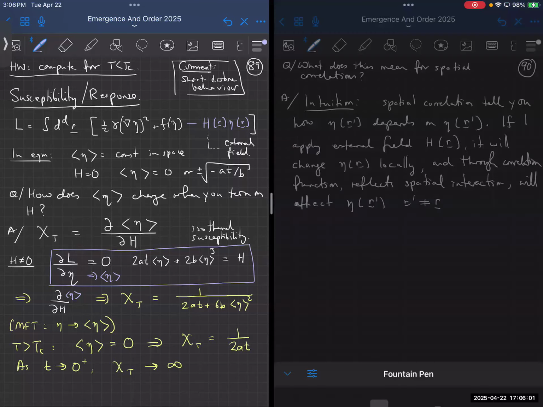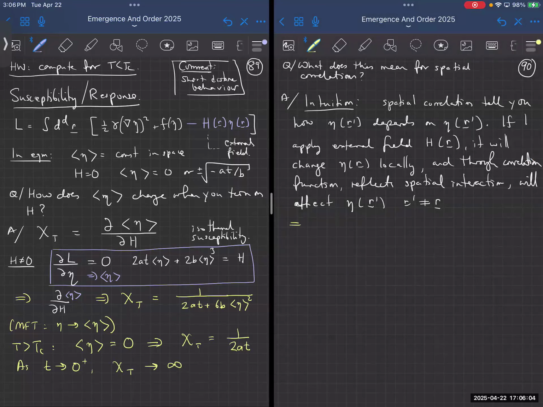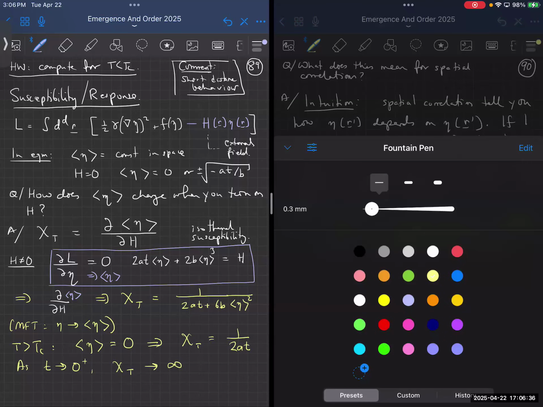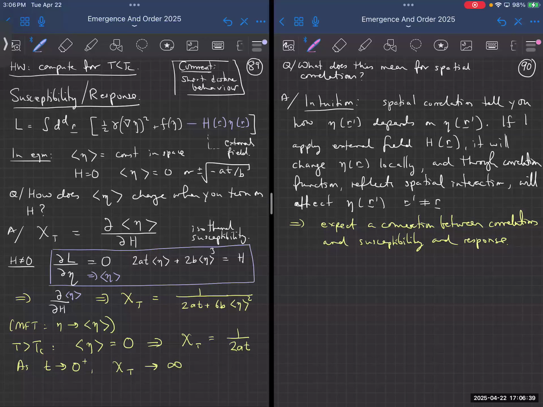So this argument then should tell you that we expect there to be a connection between the correlations and susceptibility and response. So I'm going to show you that that's exactly true, and we're going to see it in a very simple way.